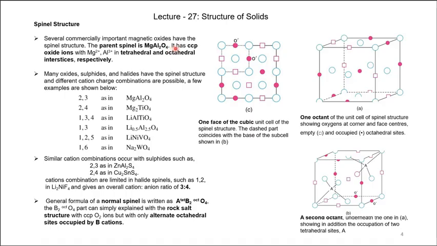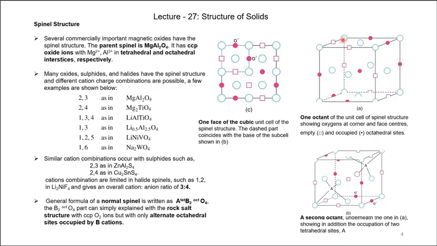As close packing, we can describe it like this: the cubic close packed oxide ion, where magnesium ion and aluminum ion are in tetrahedral and octahedral sites respectively. Okay, now I'm talking a little bit about this structure. If we take 1 octant of the unit cell of the spinel structure, we can describe it.